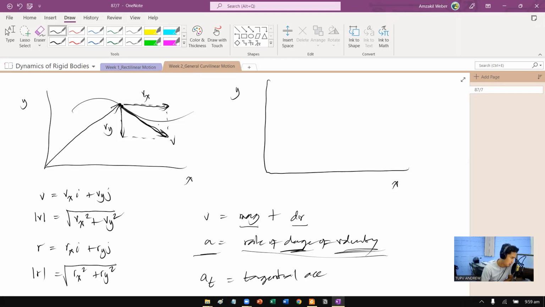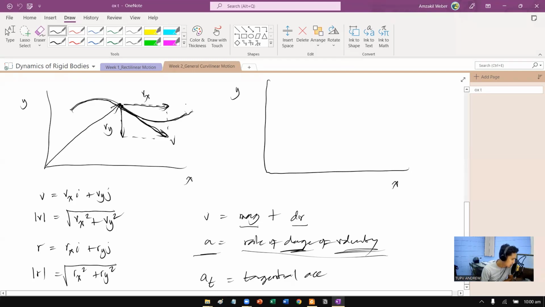Next, what if the magnitude is constant but there is a change in direction? Let's say I draw it here. You are traveling on a curve, and your speed is constant, but you are curving, meaning there is a change in direction. Therefore, the velocity is still changing. Yes, the speed is constant, but the velocity is not, because velocity is speed and direction. The direction changed, the speed is constant.